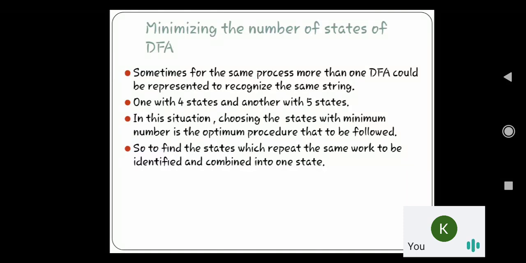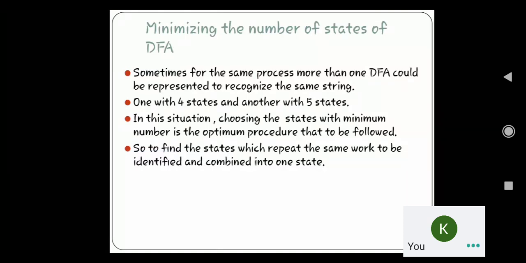Similarly, here we are going to choose the DFA which has the minimum number of states. So finally, the states which repeat the same work are to be identified and combined into one state. This is the method that we are going to use. In this method, we find the states which repeat the same work.